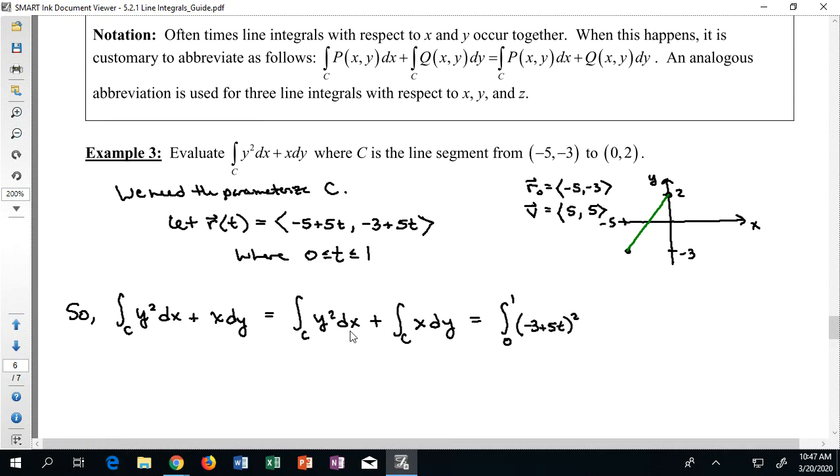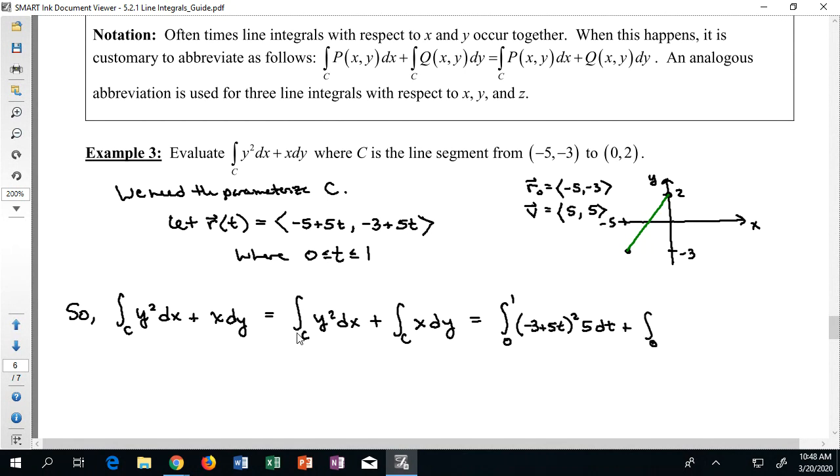The derivative of x with respect to t is equal to 5. So that gives me that dx is equal to 5 dt. And that's what I'm going to use to replace that dx.